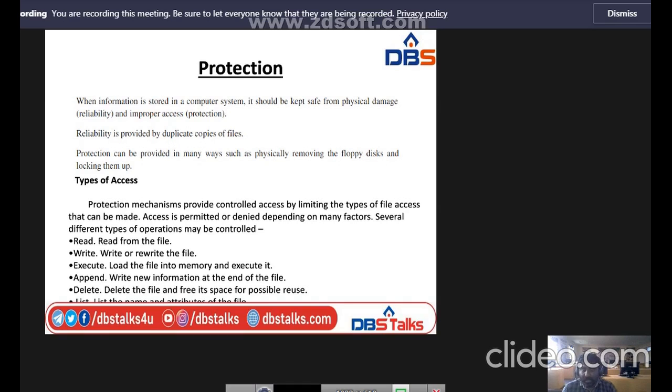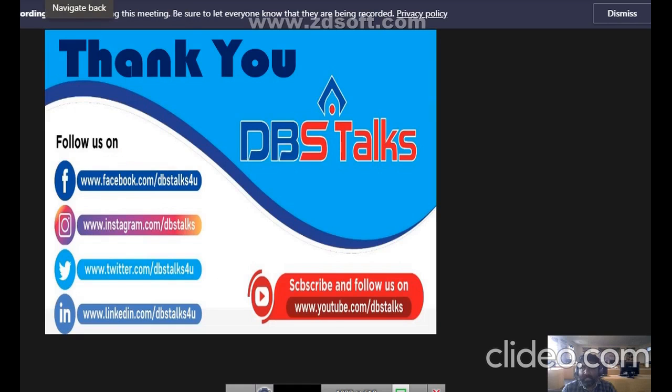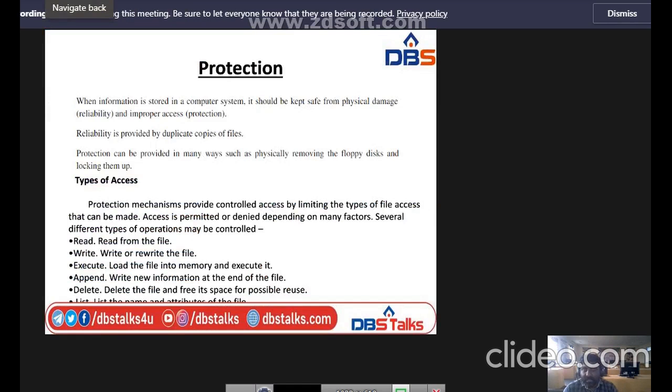Okay. So the next one is access control. Next we are going to talk about access control. Here, access control: the most common approach to the protection problem is to make access dependent on the identity of the user.